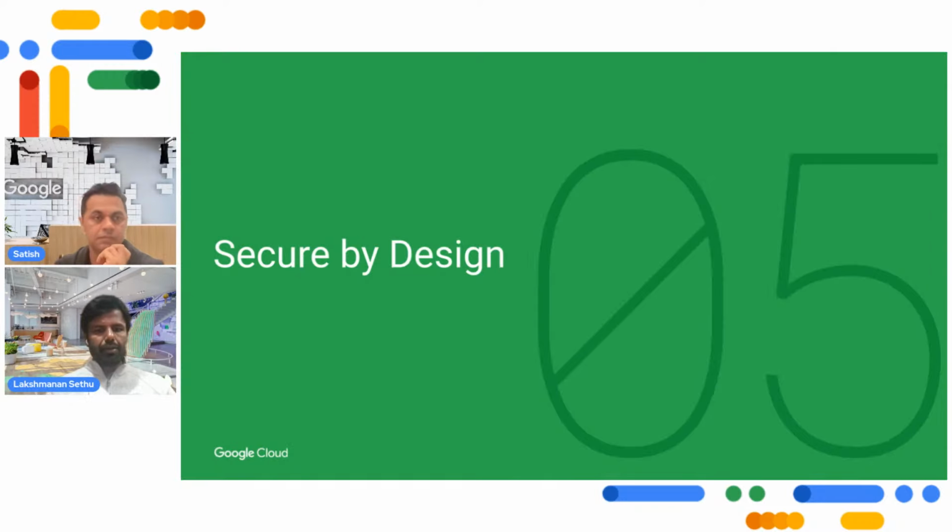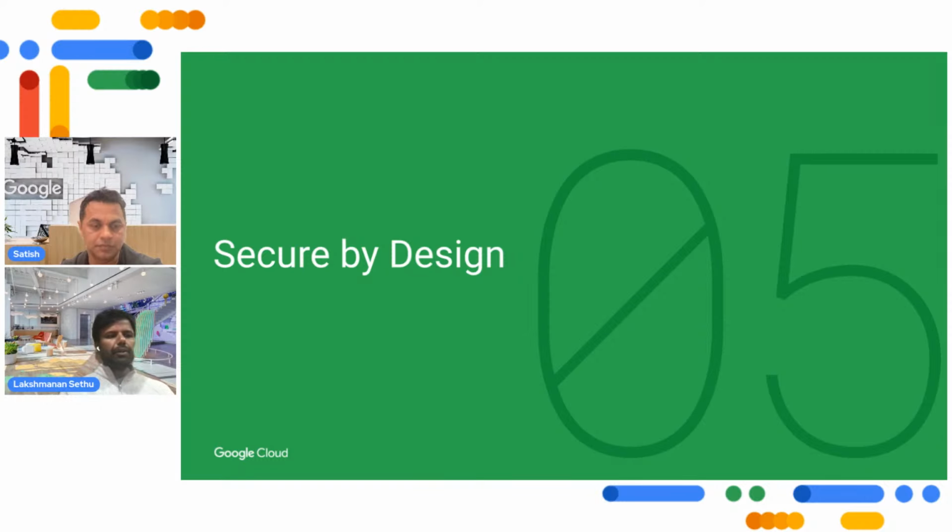Let's move to the next one, the security aspect of GKE Autopilot. Before that, I would like to take a step back and see how you do security in your standard GKE mode. Let's take Autopilot out of the equation: you see a huge difference in how security is handled by our Google SRE when you enable Autopilot.